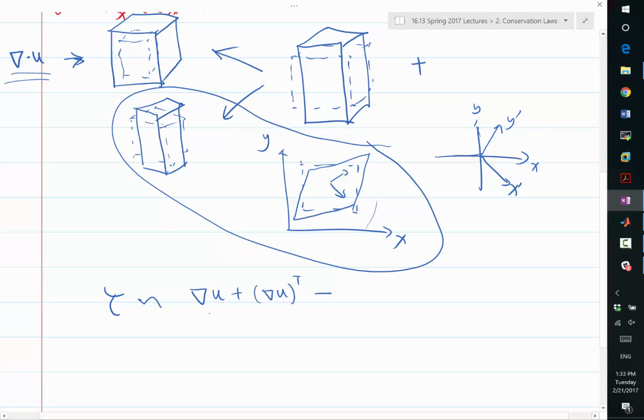So if you look at this, let me actually put a divide by 2 here, so that the diagonal entries are replicated only once, right? So each diagonal entry here is added once.